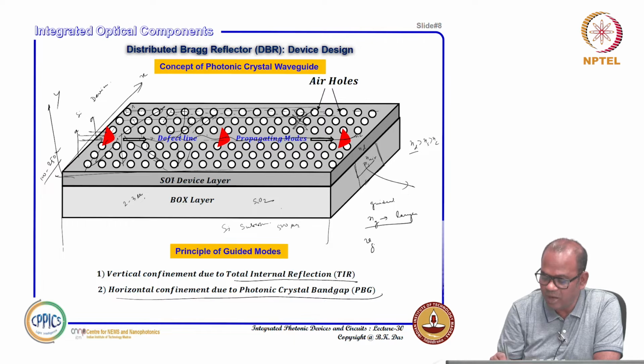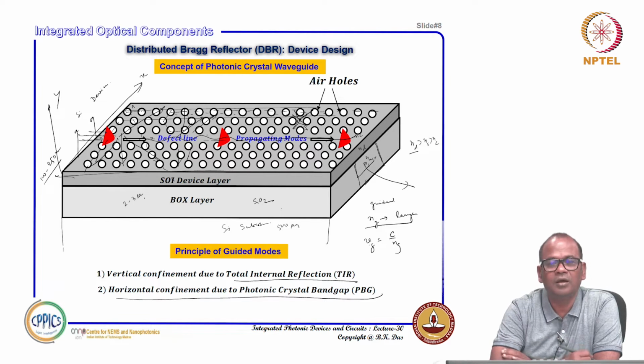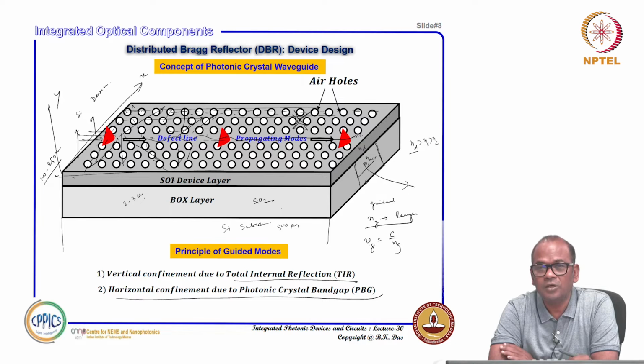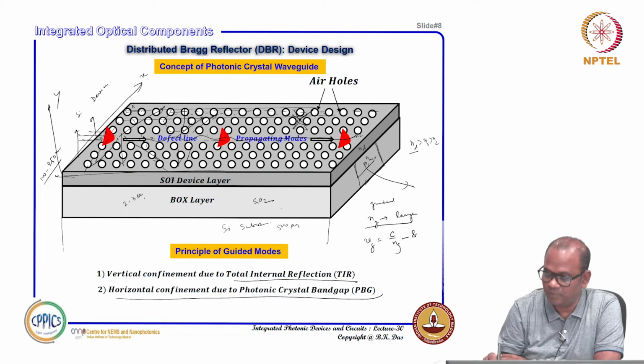That means the group velocity, c by Ng, is smaller.